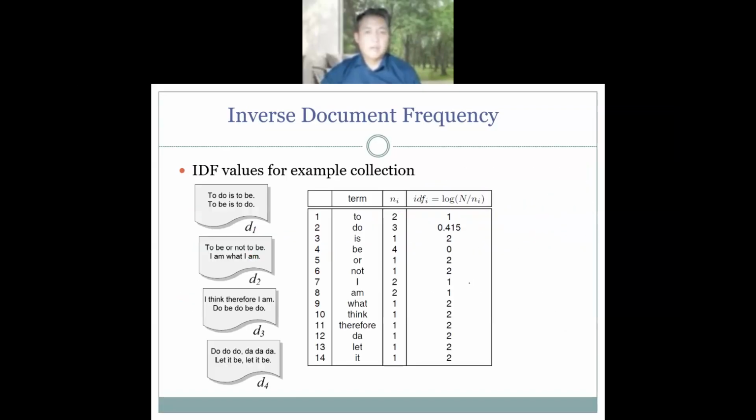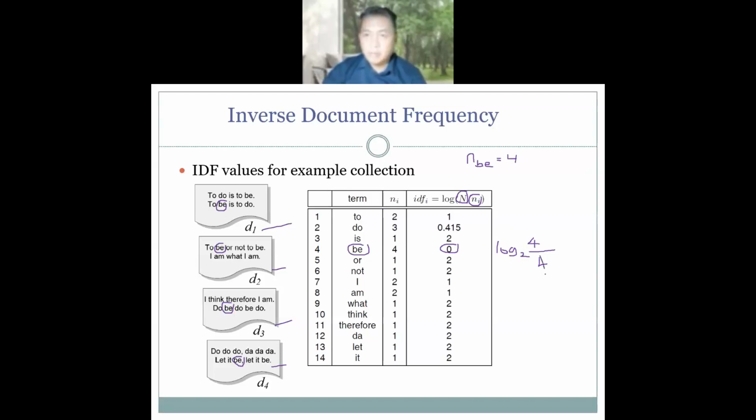So for example, the IDF for this B will be 0 because this is log 2. We have 4 documents, 1, 2, 3, 4. And because we have B here, here, here and here, the number of documents that contain B is 4 also.